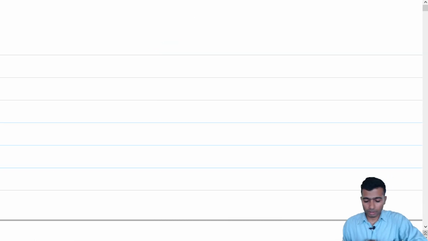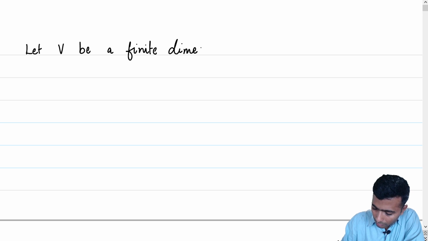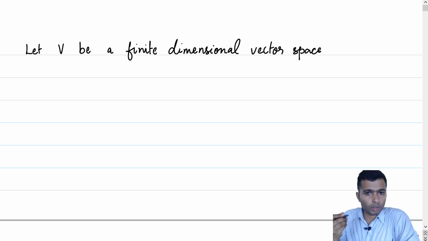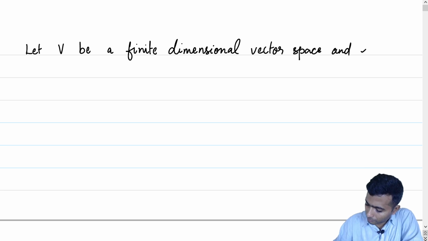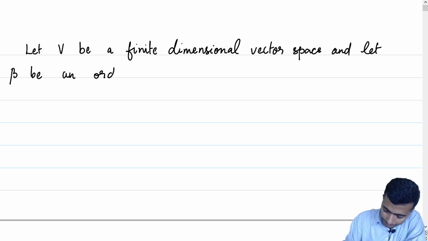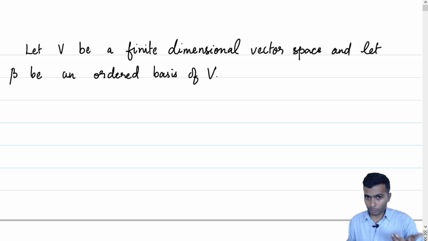So let's begin by considering a vector space V. So let V be a finite dimensional vector space and let beta be an ordered basis of V. Let us now consider a new basis beta prime.